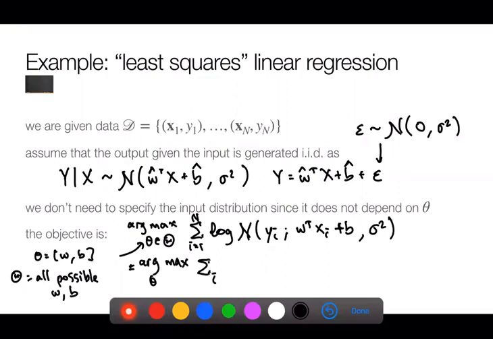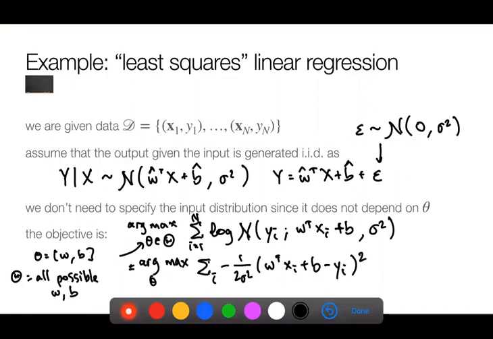Of the sum over all my data of -1/2 sigma squared. Again, log x, it cancels out. So what I get is something that looks like W transpose x_i plus b. This thing is my mean minus my actual observations y, that thing squared.